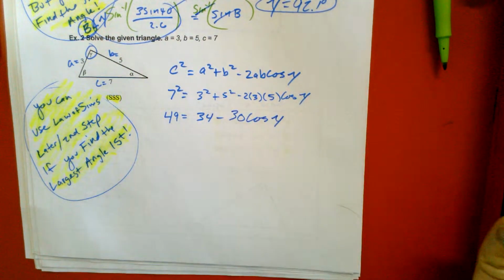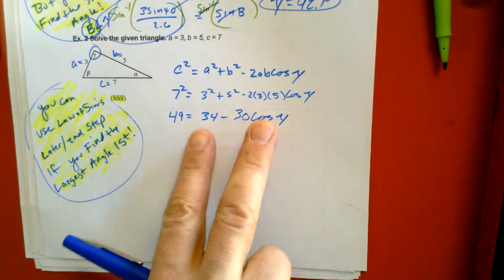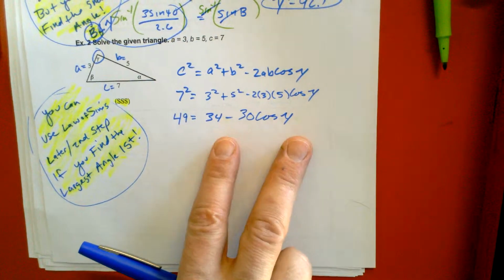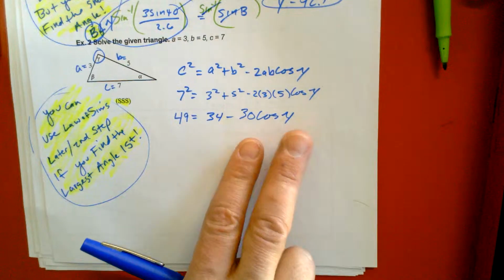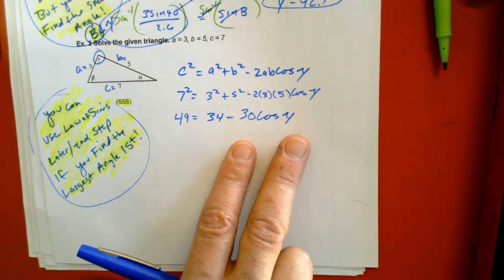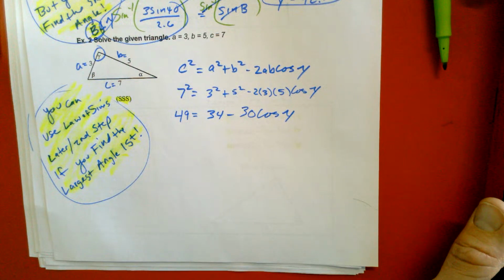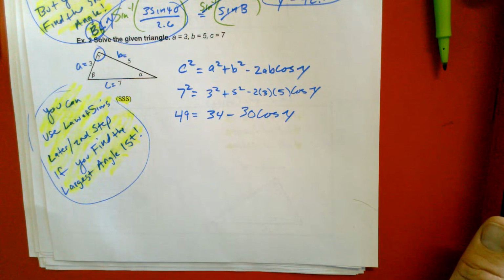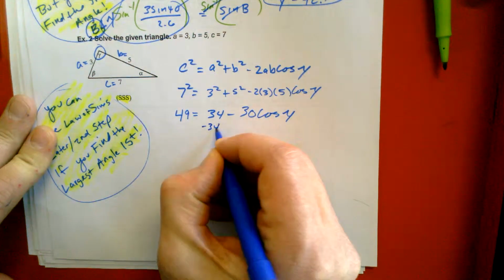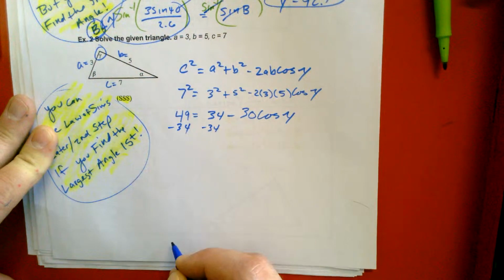And then we have the cosine of gamma. You cannot combine these guys. They're different. One's a constant, one has a cosine attached to it. So then how do we solve something like this? What's the next thing we do? Somebody with a hand up. What do we do next? Julian, what's next? Subtract 34. There we go.